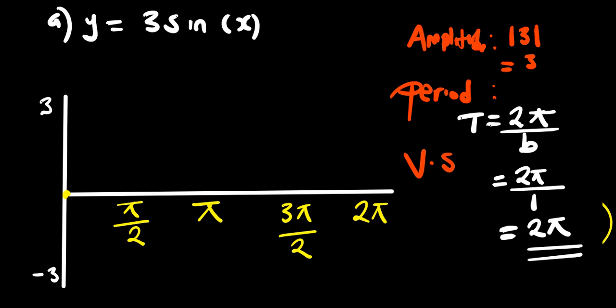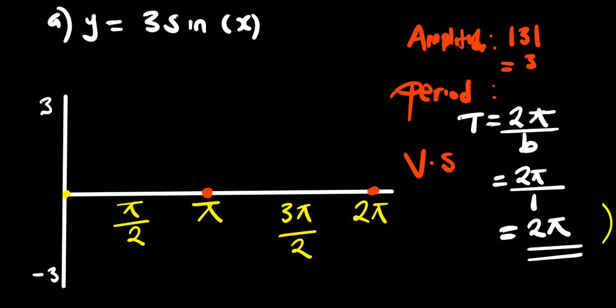Now you know that a sine graph always passes through this point, 180, and this point, 360. If you look at the sign of the function, it is positive. So because it is positive, we're going to have a positive graph.